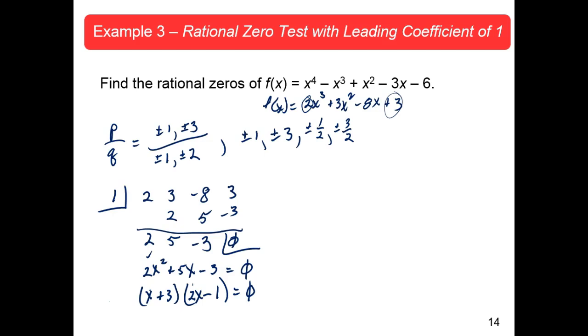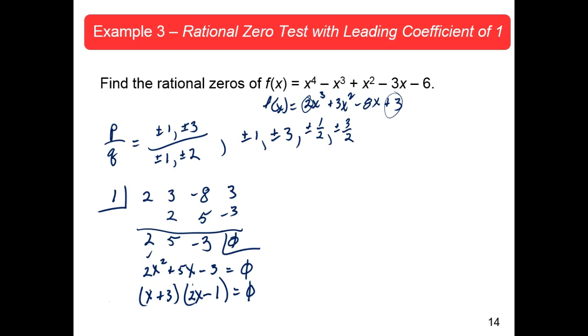And now our outers are negative x, innards are plus 6x, minus x plus 6x is plus 5x, ding, ding, ding, and then we have the last 3 times negative 1 is negative 3. Yes, yes, yes, we have the correct factorization.